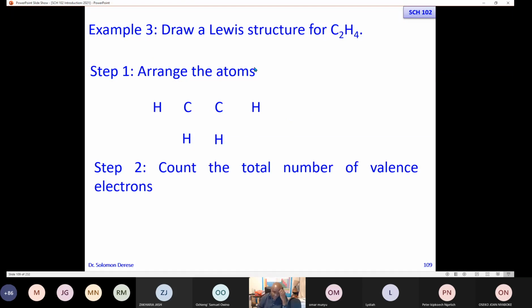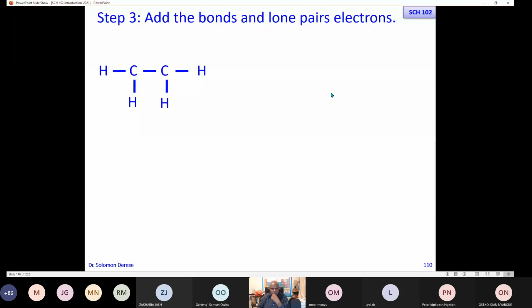After you have determined this arrangement, you count the total number of valence electrons, 2 carbons and 4 hydrogens, the total being 12 electrons. So we'll use these 12 electrons to form a bond between here and here, here and here, here and here, like that. 1, 2, 3, 4, 5 bonds.